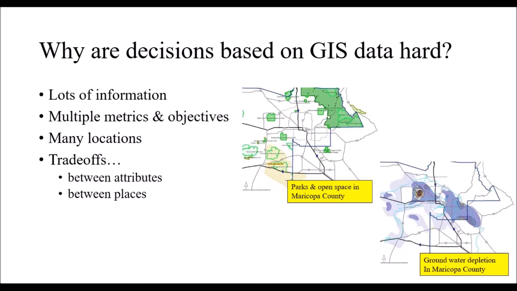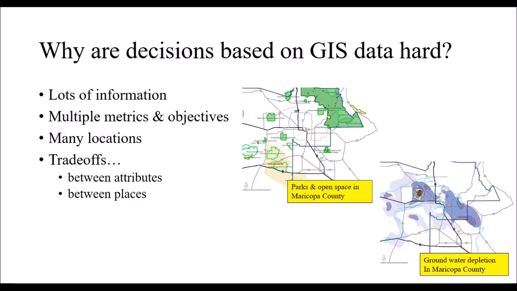Impact in one location may not mean the same thing to a decision maker as impact in another location. And like any other multi-attribute decision, we will also have to think about trade-offs between attributes. But trade-offs between places are what's unique about decisions that use GIS data.